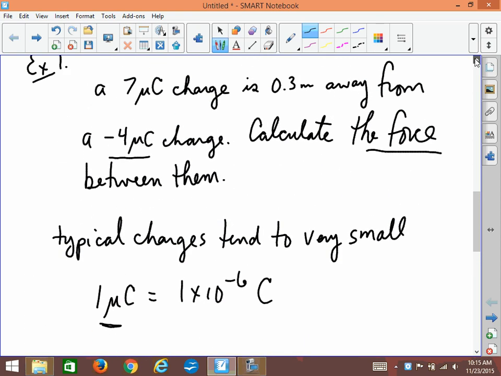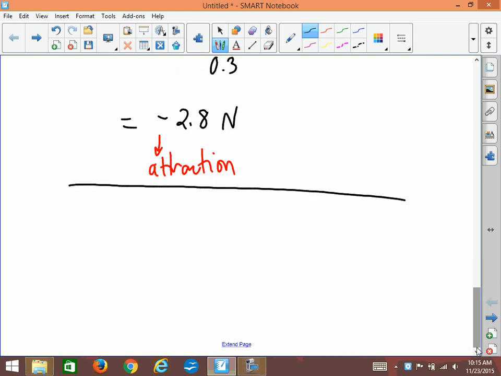So it didn't specifically tell you which reference frame to pick. So in other words, we're really only concerned about the magnitude. It's 2.8 newtons of force between them. If you were applying that into a question, as we're going to do in example 3 later, where you have to actually use the electrical force with other forces, then you have to decide on your direction.